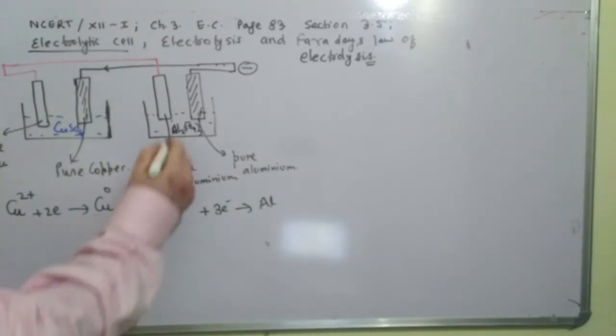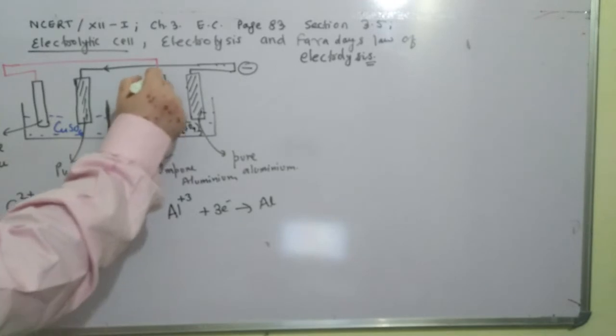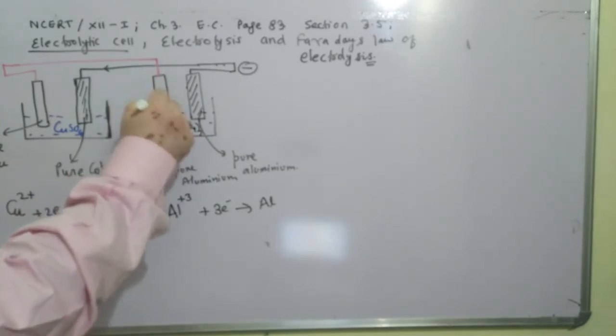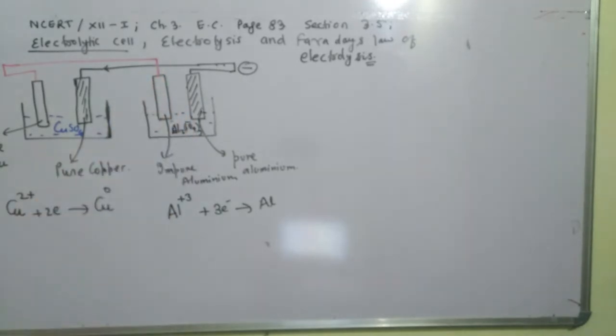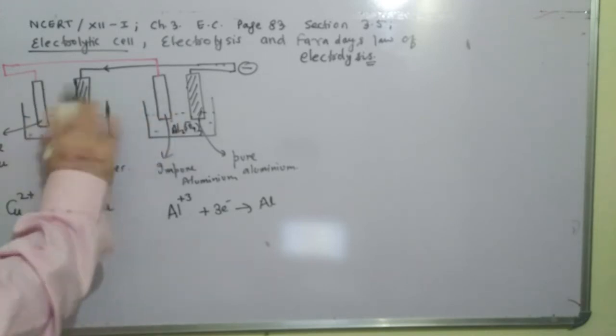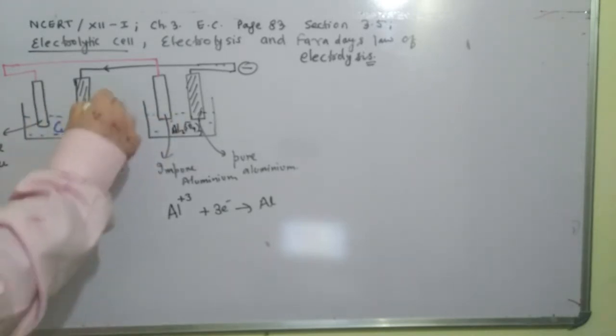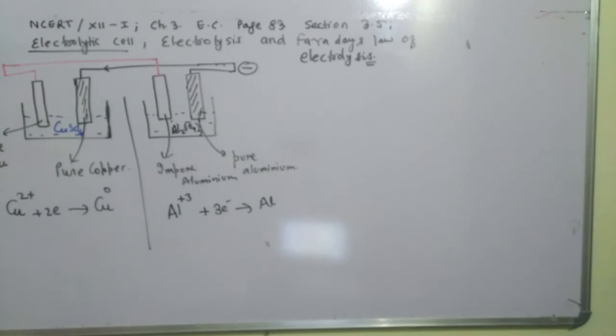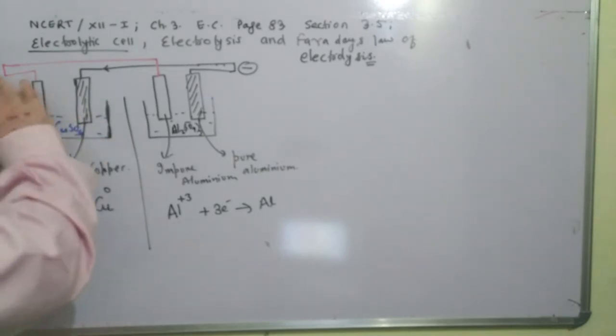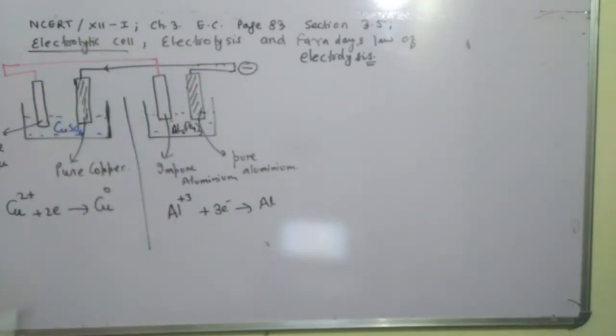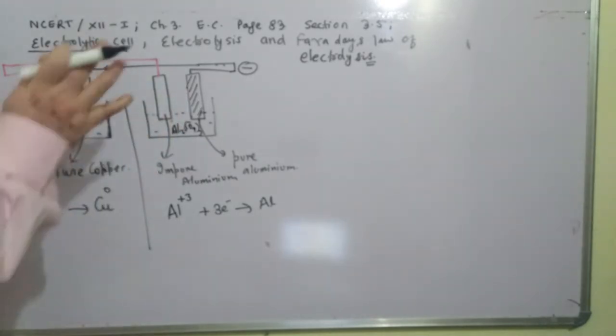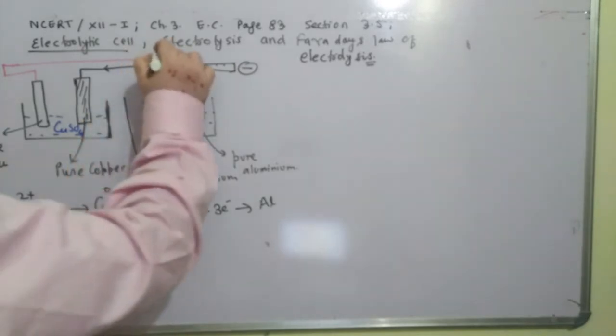The aluminum rod will start becoming thinner and thinner, giving aluminum ions to aluminum sulfate. So these two electrolytic reactions are taking place simultaneously, in which the same quantity of charge is passed for the same amount of time. In such a condition, Faraday's law of electrolysis is given.